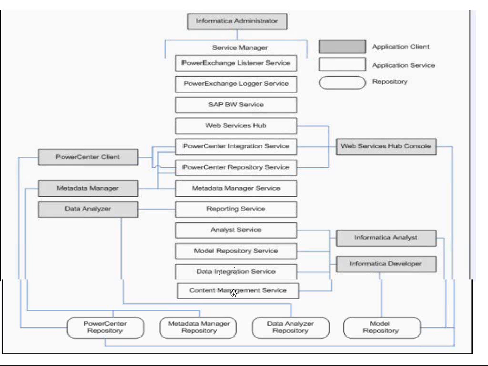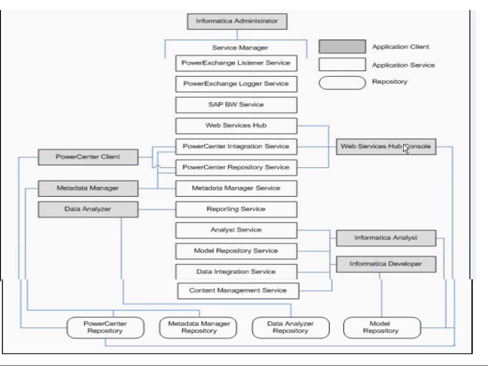Now, the next one is the Analyst Service, which is going to be the third service. I repeat, the third service is the Analyst Service, which is used to perform web-based analysis, web-based auditing, web-based fixing of bad records, and so on.